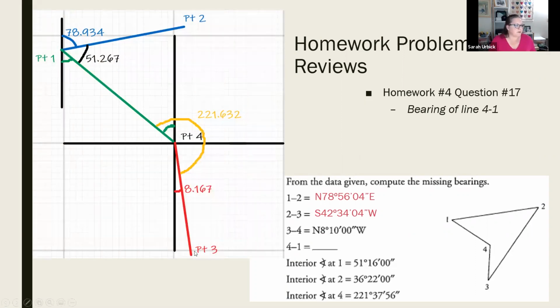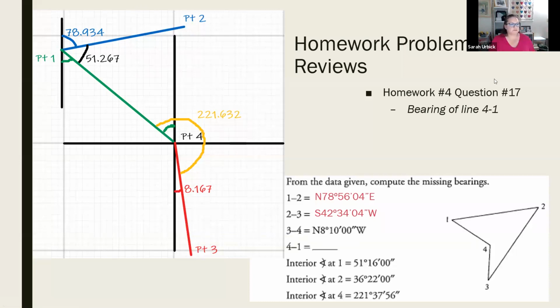So I drew my line from point 3 to point 4. Okay. And we know what this angle is because we're given that as the bearing. I just converted it straight to a decimal so that the math is easier for me. I drew in my line from 4 to 1. And just so that I had the angles for reference, I drew my line 1 to 2, so I can see what I'm looking at.